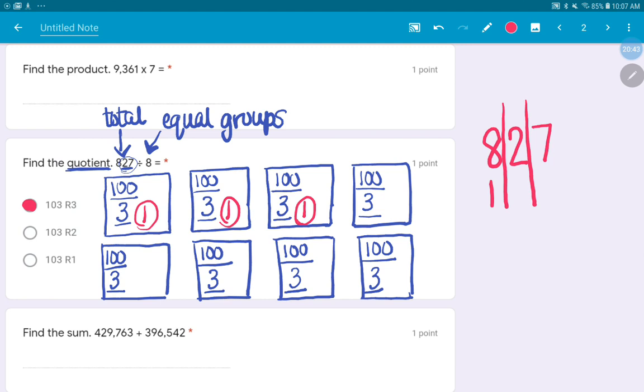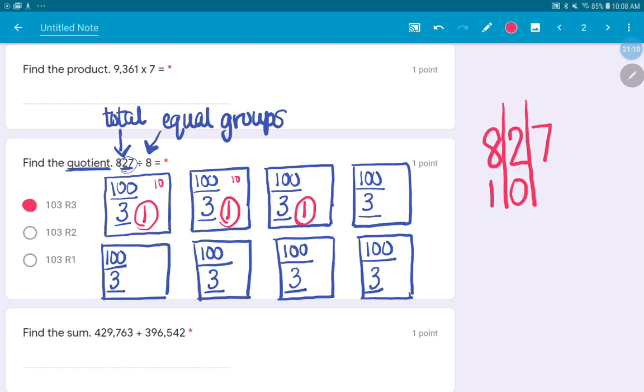Could I give each group 2 for 10s? I can't give each group a 10, can I? Because if I only have 2 to give, and I start giving 10, 20, is that fair to the others? No. I can only give it to 2 groups. So I can't put any whole 10s in there.